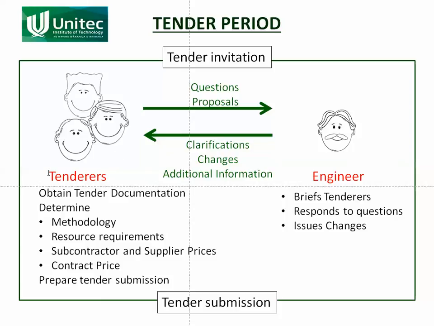So as I said, during the tender period, the tenderers are all obtaining the tender documentation, figuring out how they're going to do the work, what resources they need, subcontractors, suppliers, and then the contract price. Then they prepare the tender submission, and they need to have it in on time. So there's usually a closing date for tender submission. This tender submission date is a time and a date and a place.